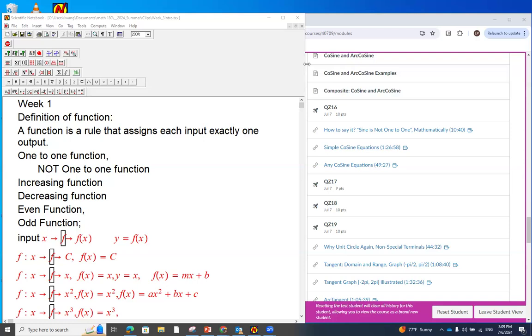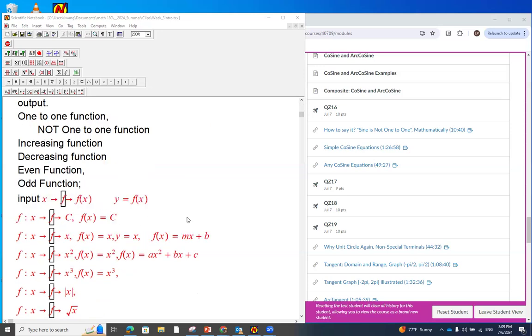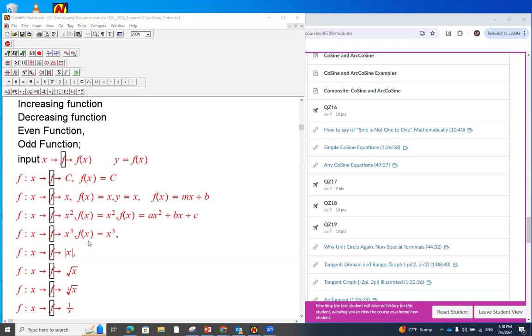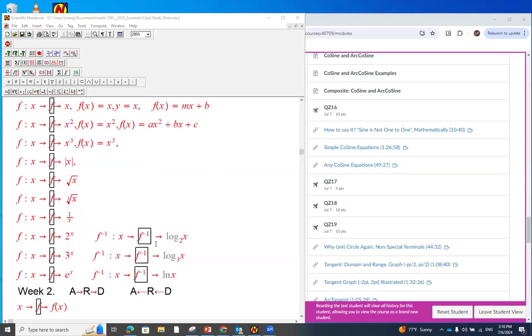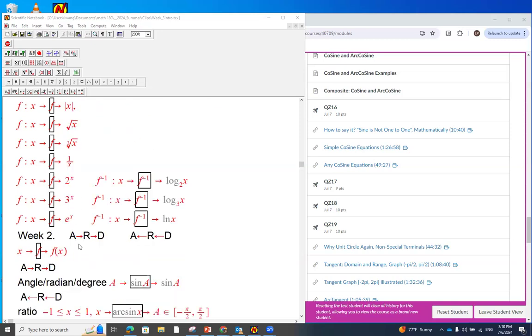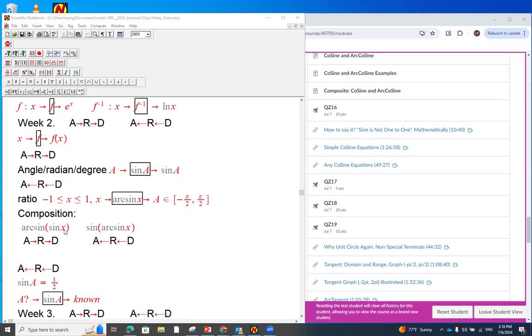All right. In the first week, we introduced all of these concepts: definition of a function, one-to-one, increasing, decreasing, even, and odd functions. And then we studied all of these different functions in their simplest form. In week number 2, we introduced all these trig functions: sine, arcsine, cosine, arccosine.